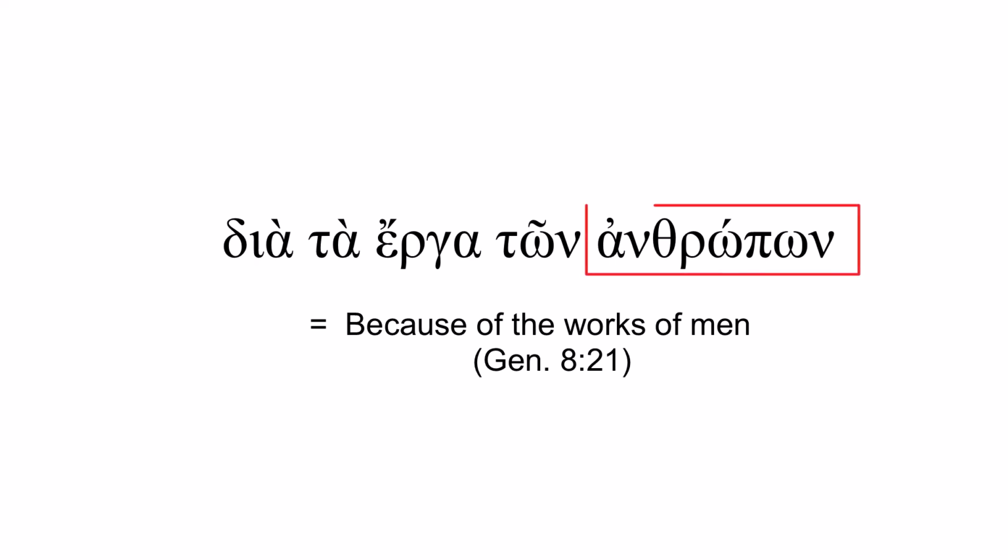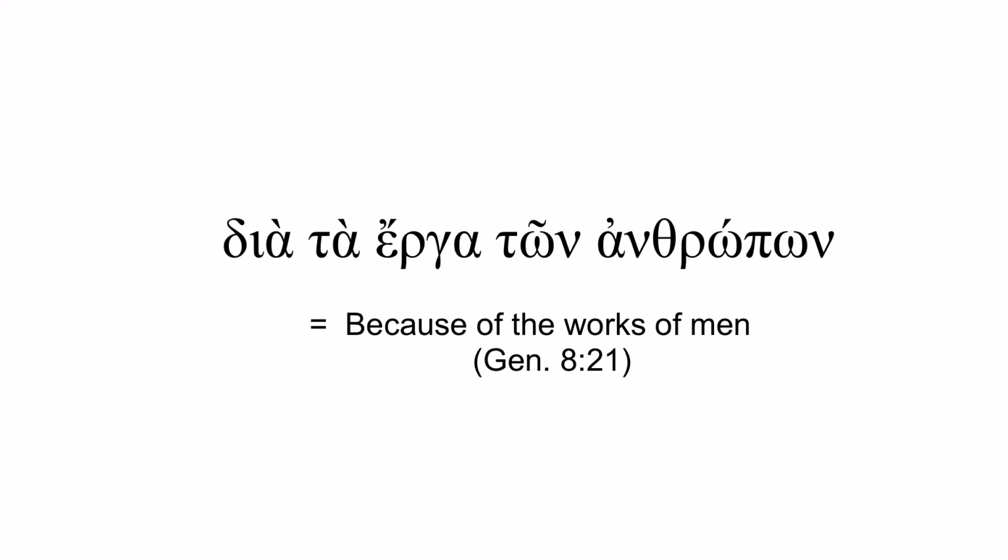Focus on the word anthropon. Look at the case ending. The case ending for anthropon is in the genitive. And the case ending tells you three things: that the gender is masculine, and the number is plural, and the case is genitive. And so if the number is plural, you're not going to say man, but you're going to say men. Now, the translation because is coming from the word dia.